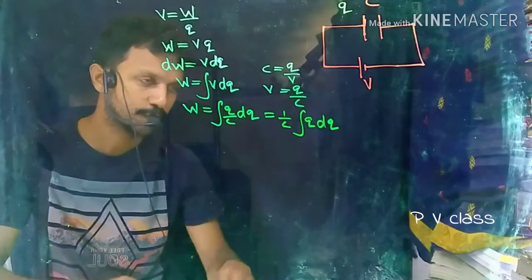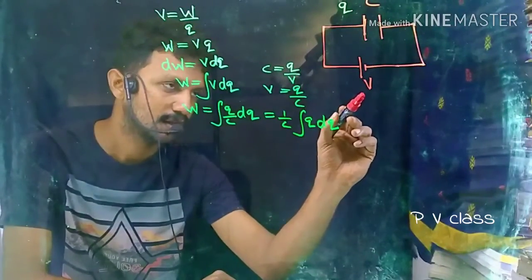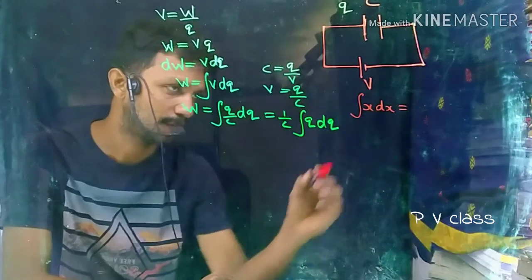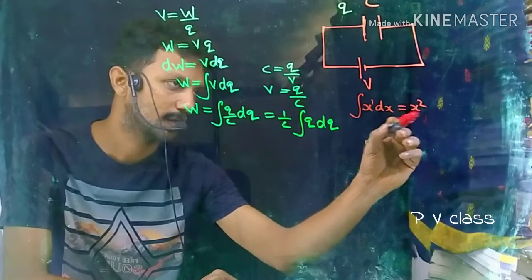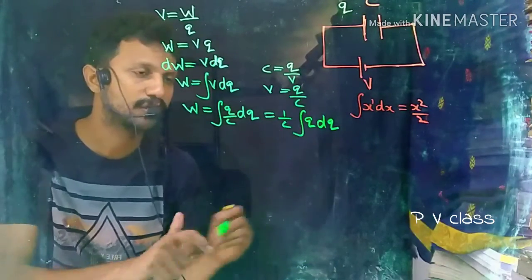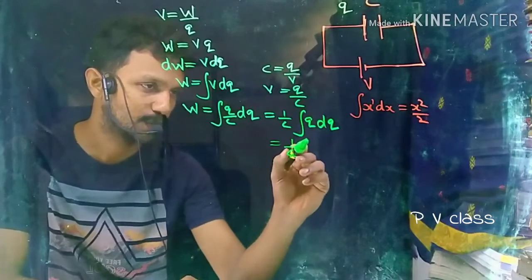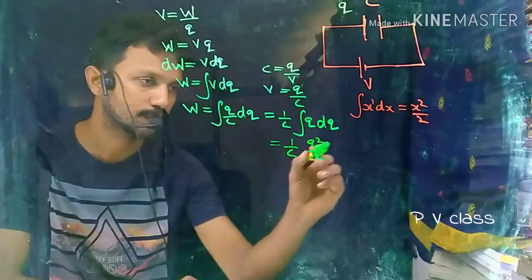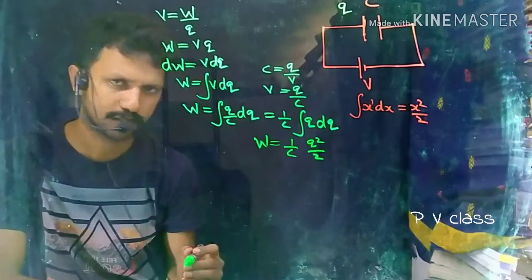As we all know, the basic expression of integration, that is integral of x dx, will be x square by 2. Likewise, integral of Q dQ, it will be 1 by C into Q square by 2, and this is the total work done.